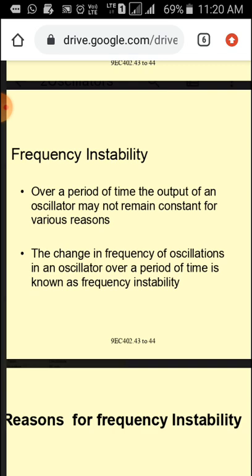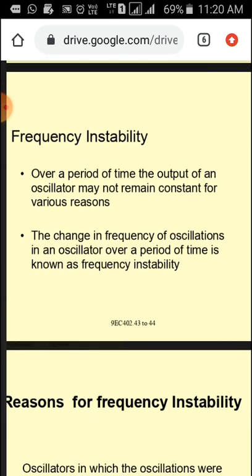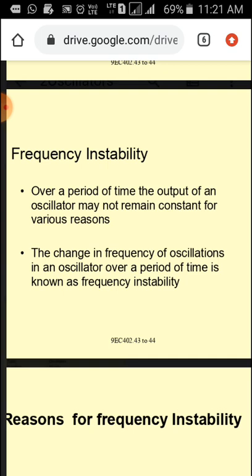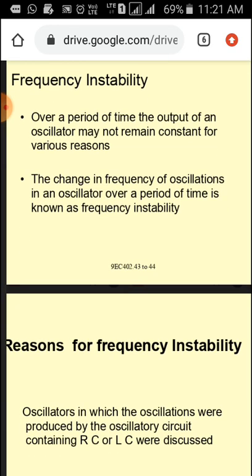Frequency instability. What does frequency instability mean? Whatever frequency we need to apply for some application, we should get that frequency. If we don't get the required frequency, if the frequency keeps on changing, it is called frequency instability.